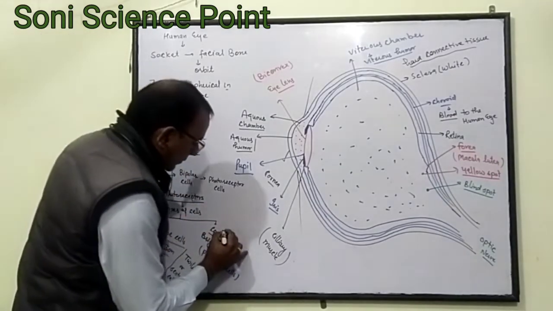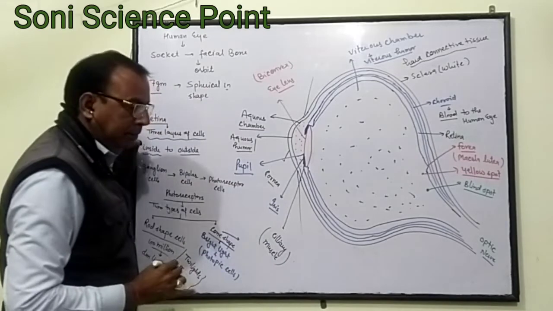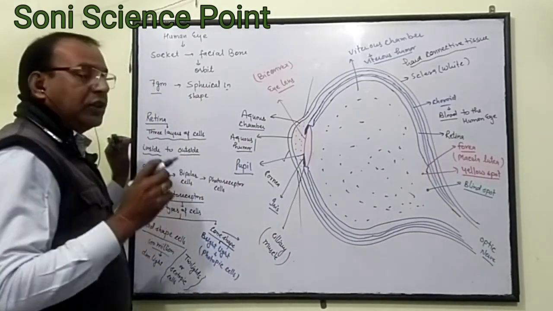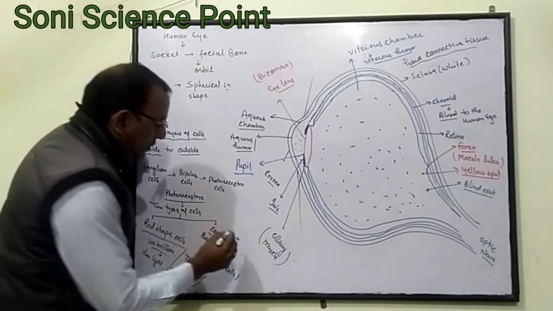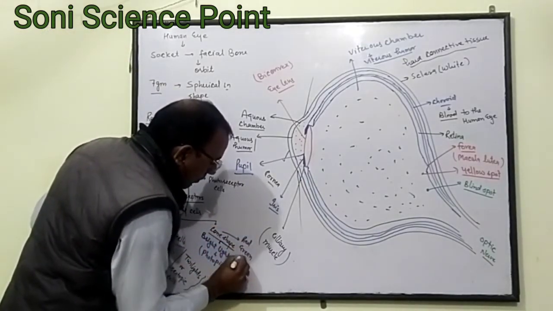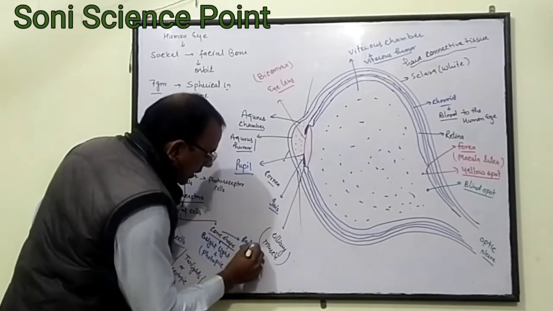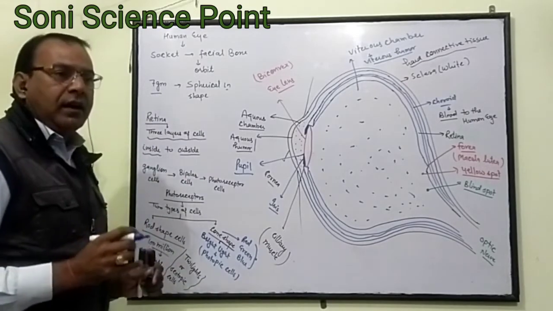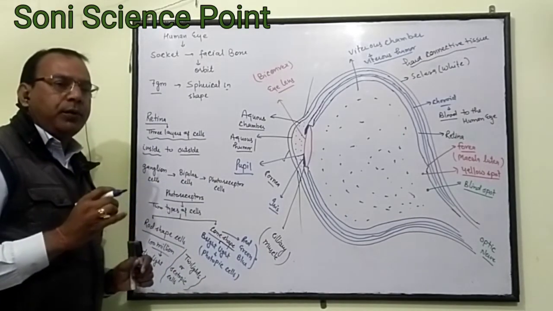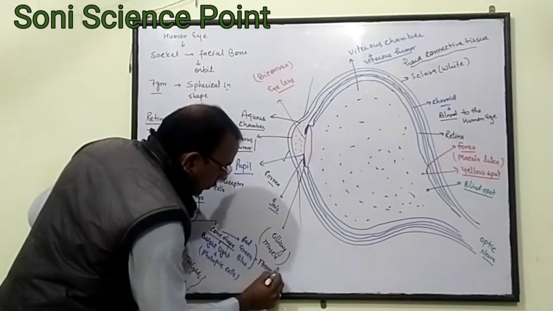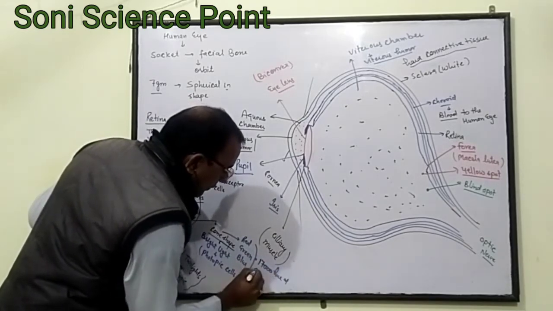In cone cells, there are three main primary pigments, which are red, green and blue. With the help of these three primary colors, the cone cells produce 17,000 hues of different colors.